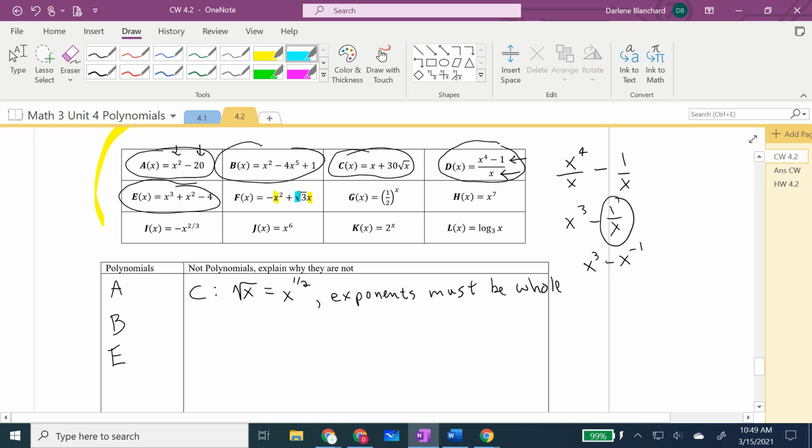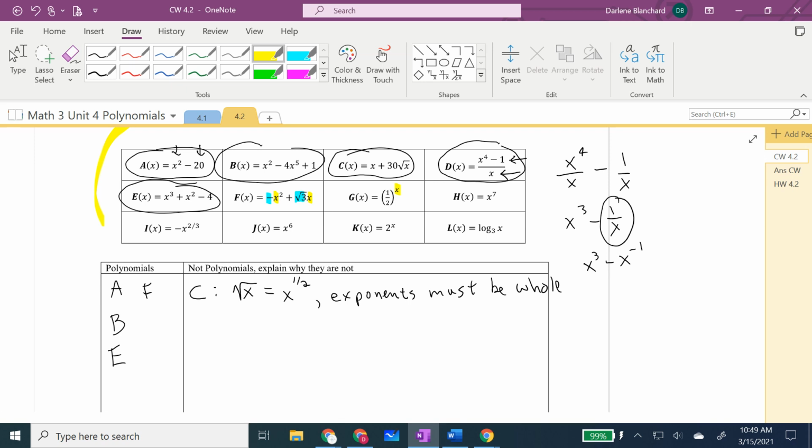The coefficients are allowed to be any real number, including square roots. So F is actually a polynomial. The variable cannot be the exponent.